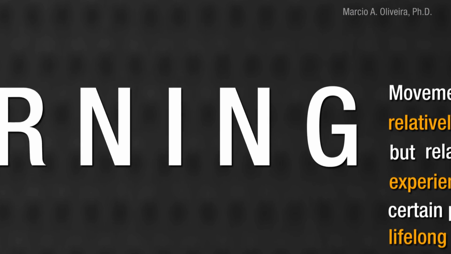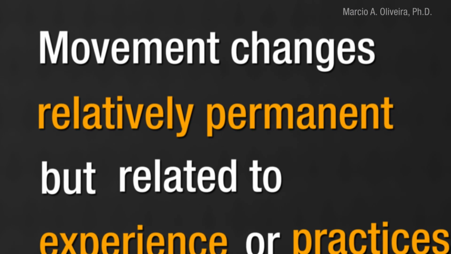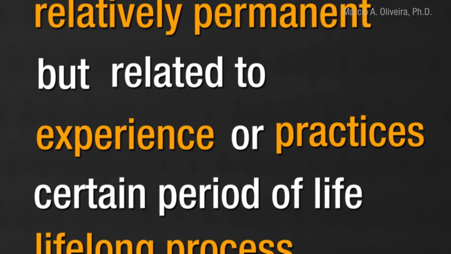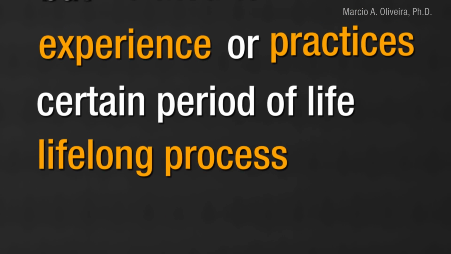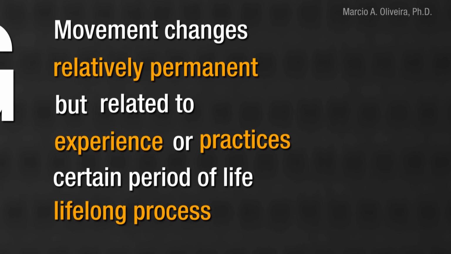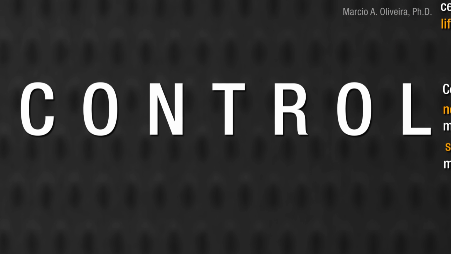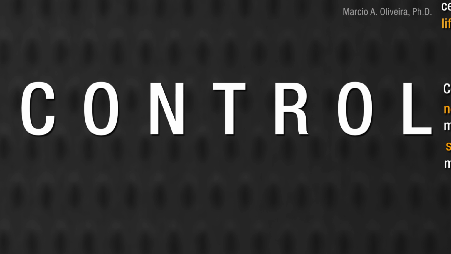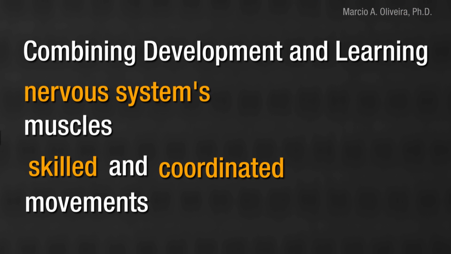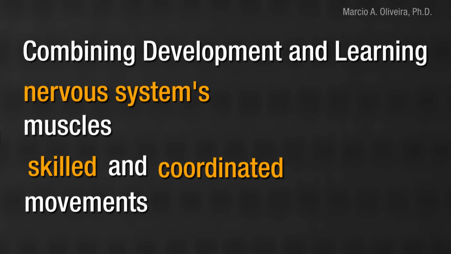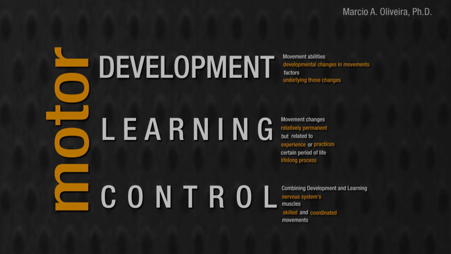Motor learning refers to movement changes that are relatively permanent, but are related to experience or practice that happen at a certain period of life, rather than during the individual lifelong process. Combining both of them, development and learning, motor control refers to the nervous system's control of the muscles to permit skilled and coordinated movements. In recent years, researchers in motor development and motor control have found so much in common.